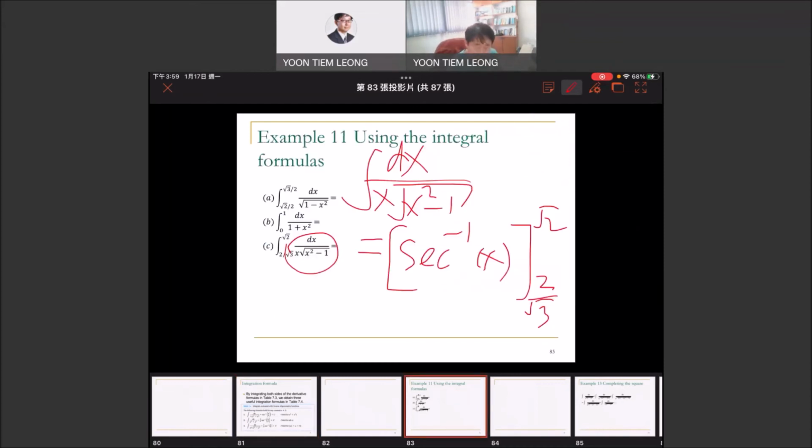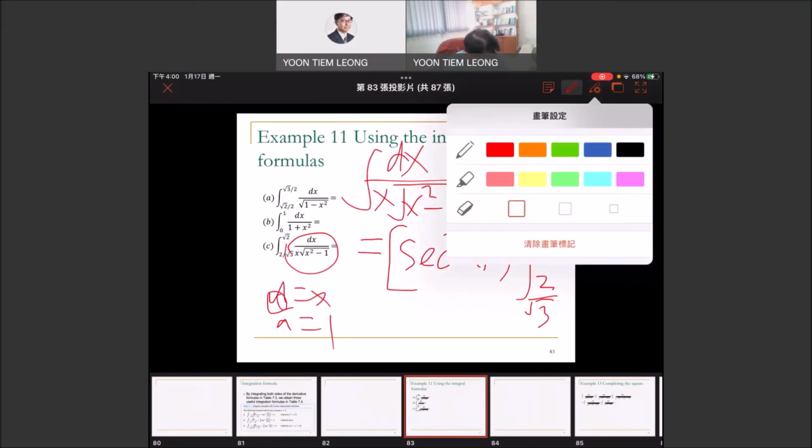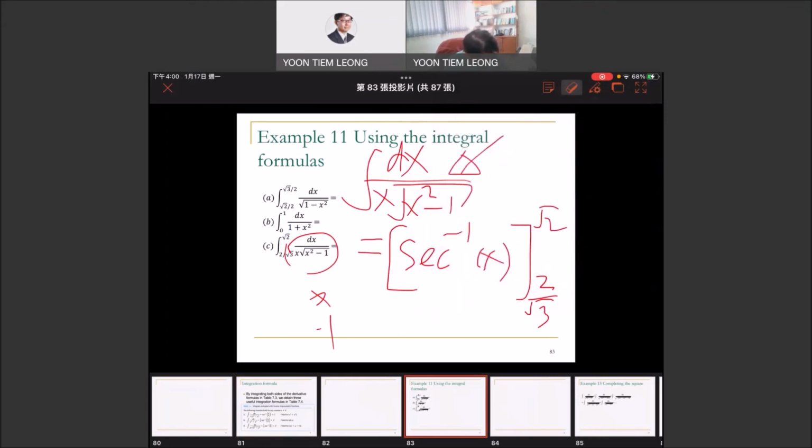So here you set u equals x, a equals 1, then this formula number 3 would become like this. Then this is the answer. So then you take the difference: arcsecant of square root of 2 minus arcsecant of 2 over square root of 3.